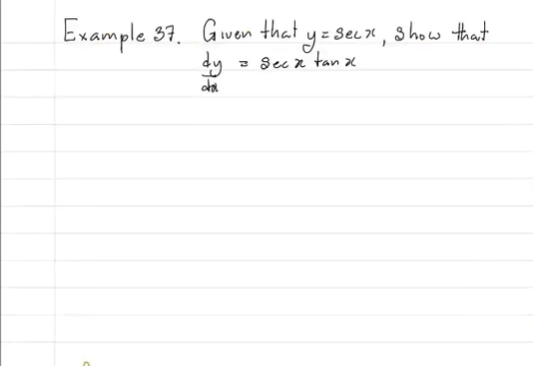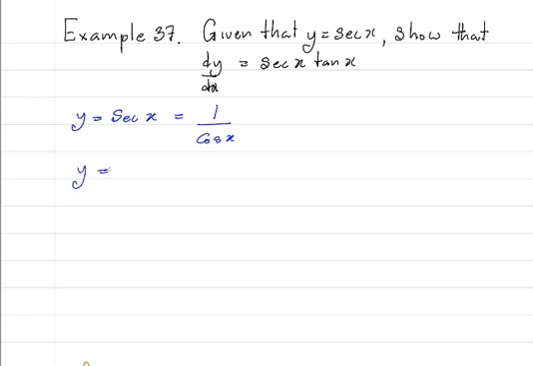Given that y is equal to sec x, we're to show that dy by dx is equal to sec x tan x. So y is equal to sec x, which is the same as saying y is equal to 1 over cosine x. Let's treat it as a power derivative.